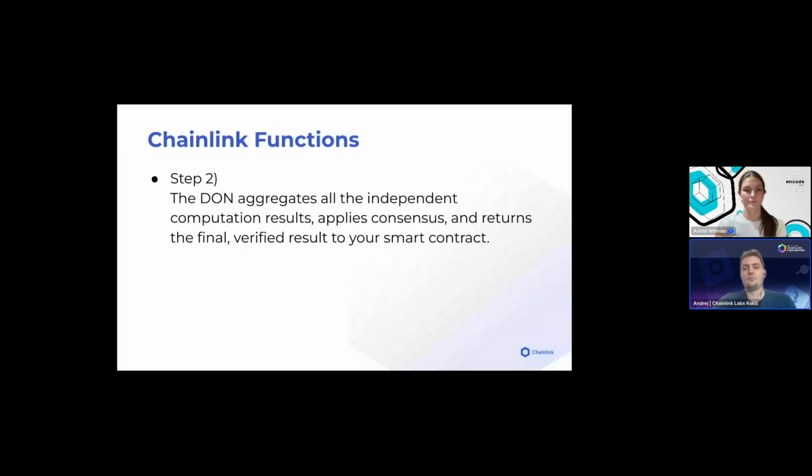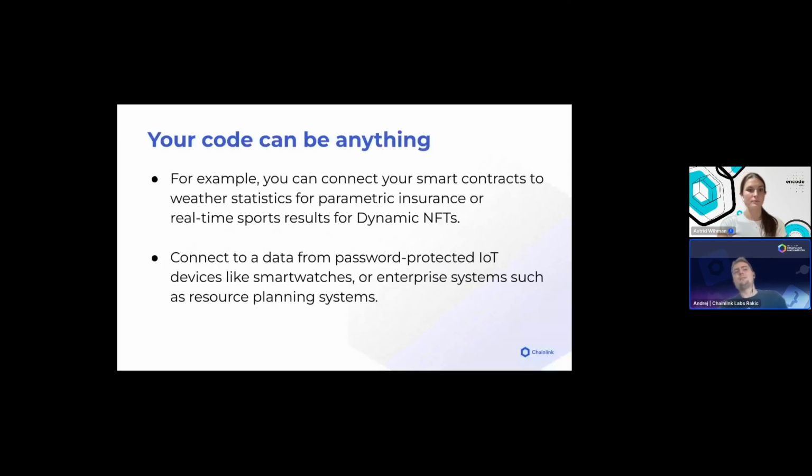So the major question is always what my JavaScript code can be. I've said that multiple times: your JavaScript code can be anything. As said on this slide, you can connect your smart contract to some weather data and create dynamic NFTs, or real-time sports results, dynamic NFTs, whatever.